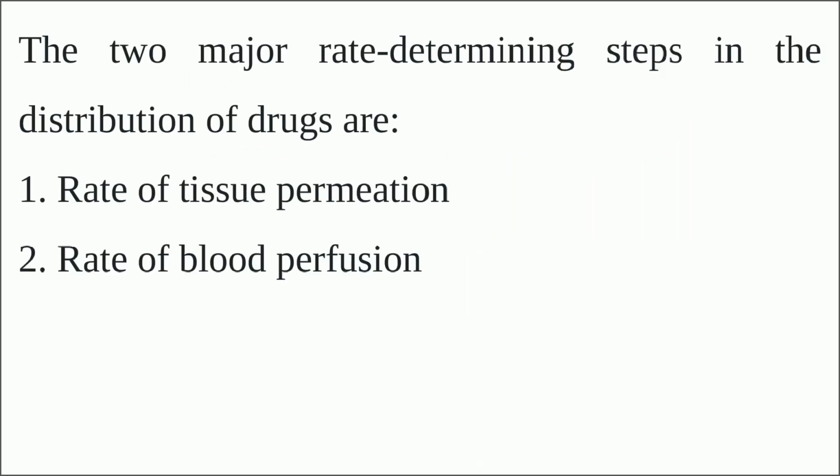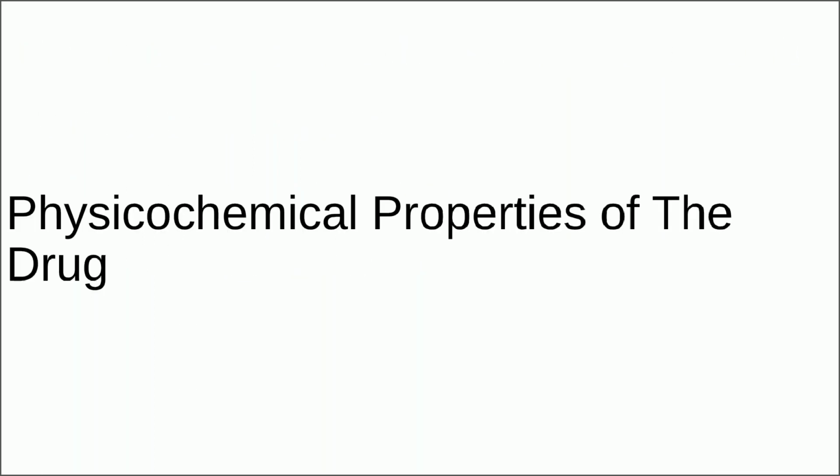Now there are two major rate limiting steps in the distribution of drugs: the rate of tissue permeation and the rate of blood perfusion. Let us see the physicochemical properties of drug and how they affect the distribution.